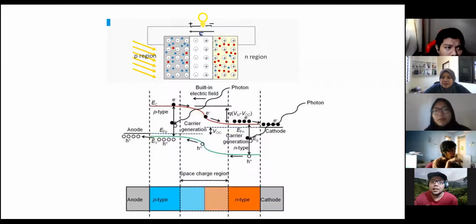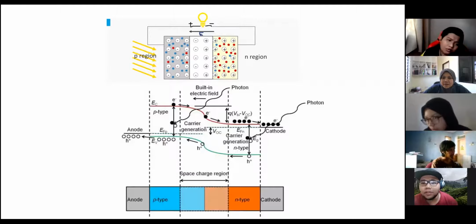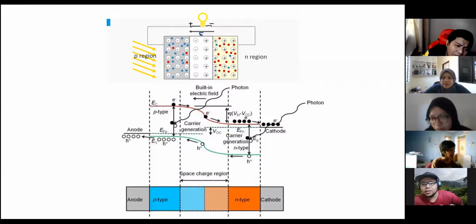From Anas. From the picture, I see that the P region carries a lot of electrons because of the minus, right? So shouldn't it be holes in the P region and electrons in the N region, or am I missing something? Can you repeat?